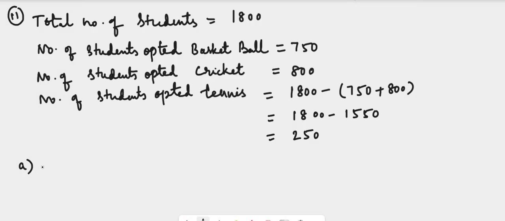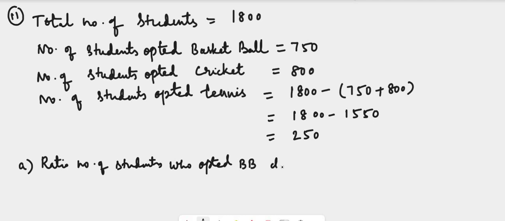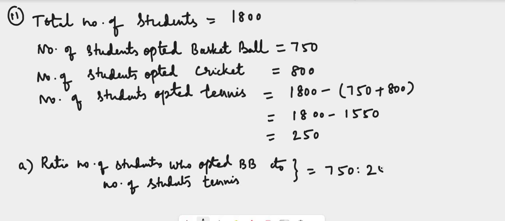So now ratio of number of students who opted basketball, I am writing BB, to number of students tennis is equal to 750 is to 250.